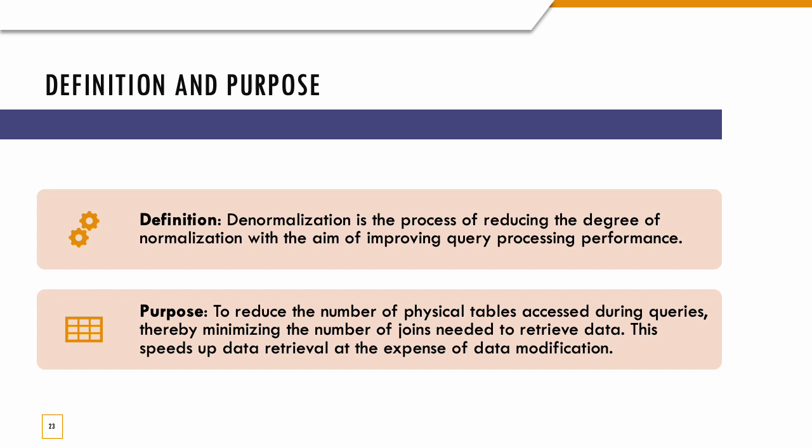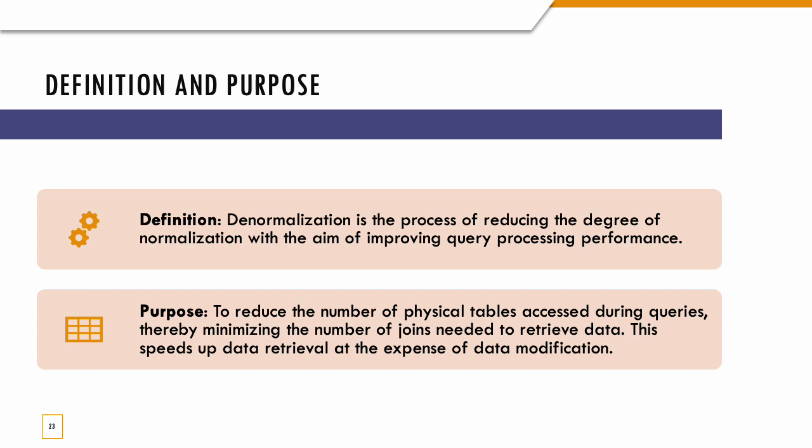So, what's the purpose? The main purpose of denormalization is to minimize the number of physical tables that must be accessed during queries, which in turn reduces the number of joins required to retrieve the data.